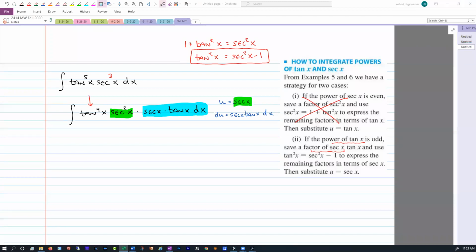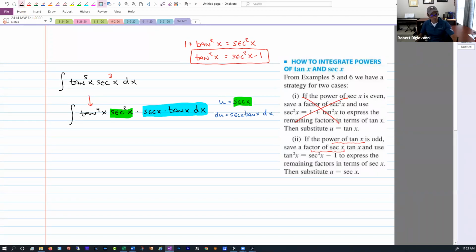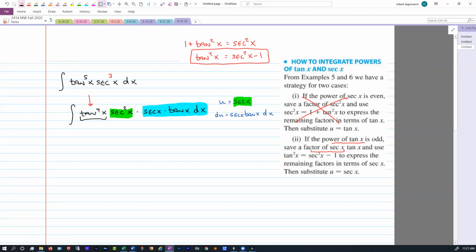Sure, of course. So I'm about to go and try and get all my tangents to switch over to secants. Okay. So how can we handle this tangent to the fourth here? How are you going to deal with that? Would we do the tangent squared x rule where we do secant squared x minus 1 and then square that again? Yes.